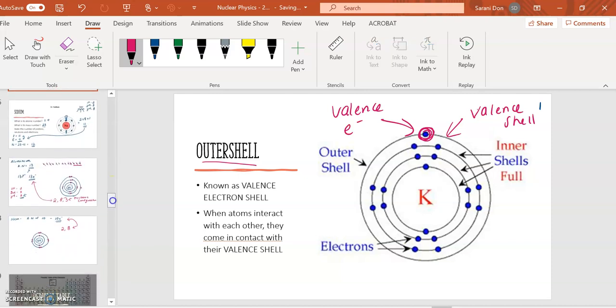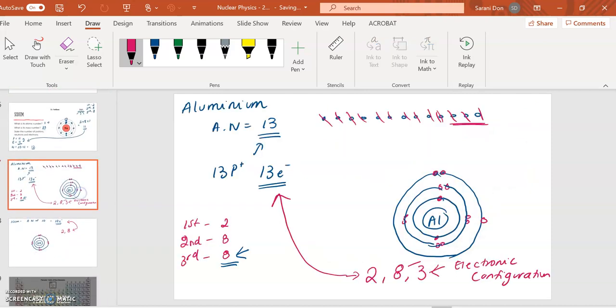So if we go back here, the last shell in aluminium has 3 electrons, which means that it has 3 valence electrons. It just means how many are in the last shell, or the valence shell.